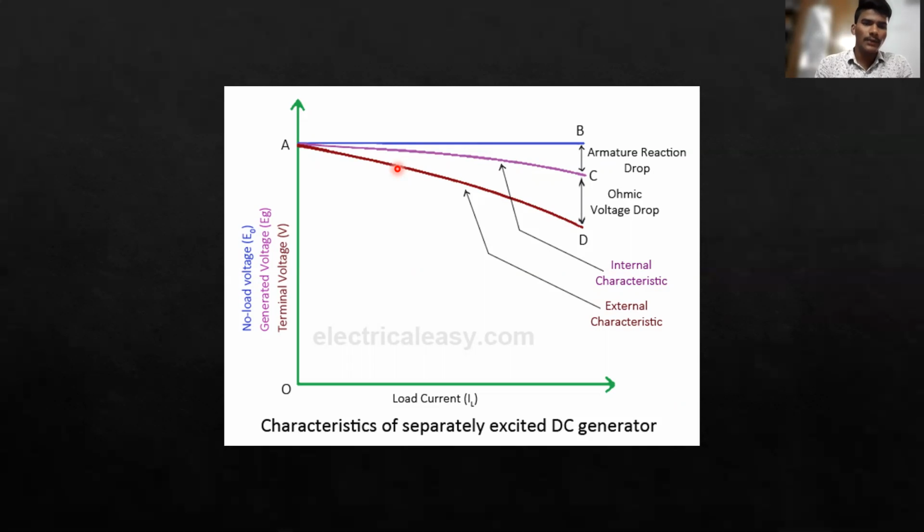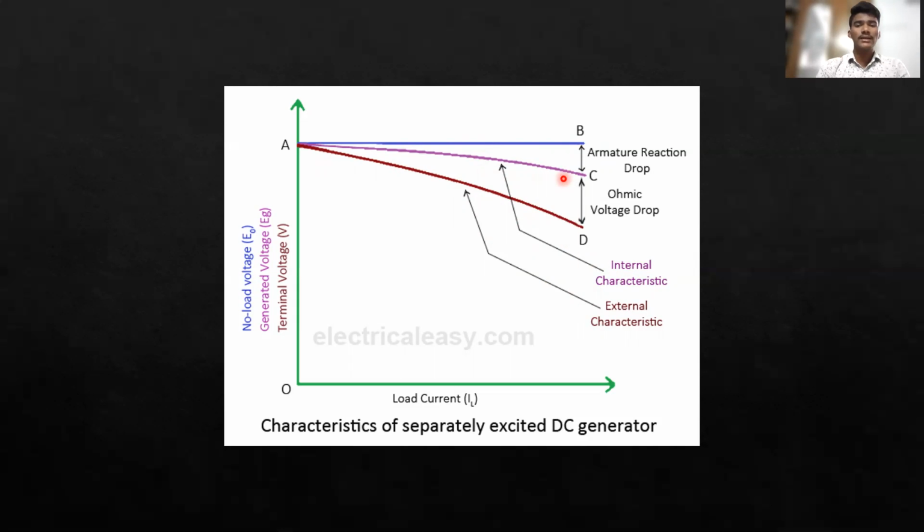This brown curve shows the external characteristics of the DC generator, and this pink curve shows the internal characteristics.